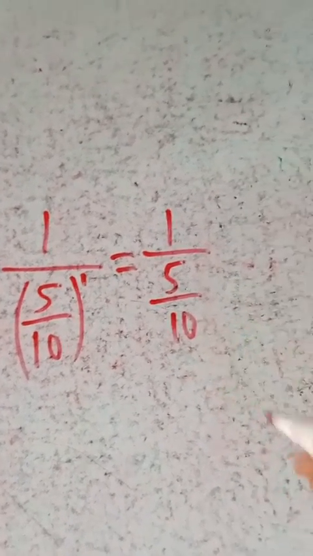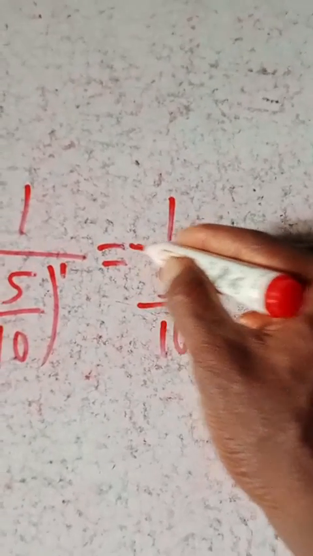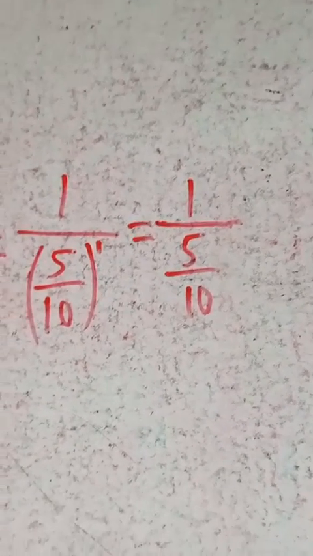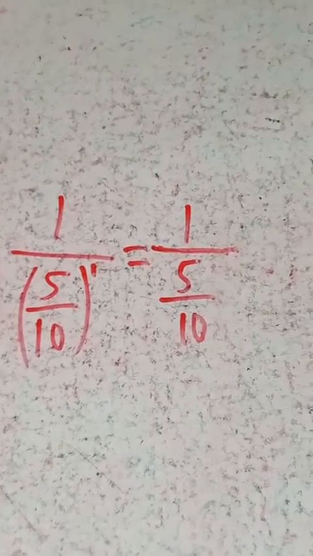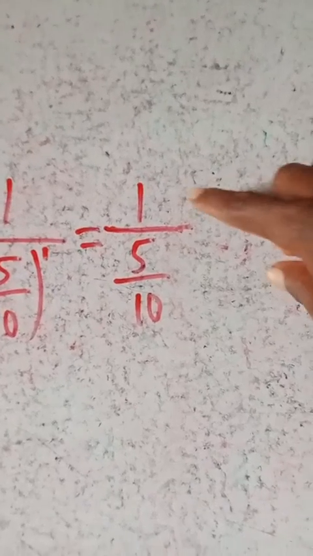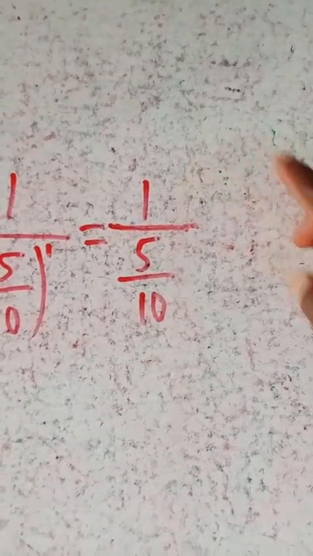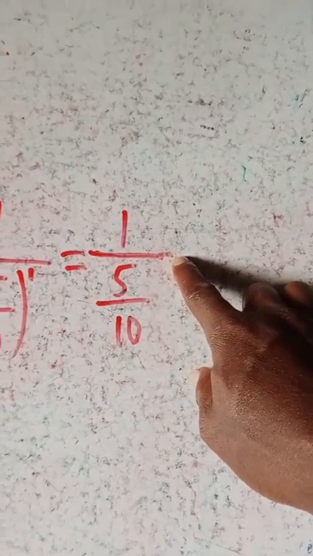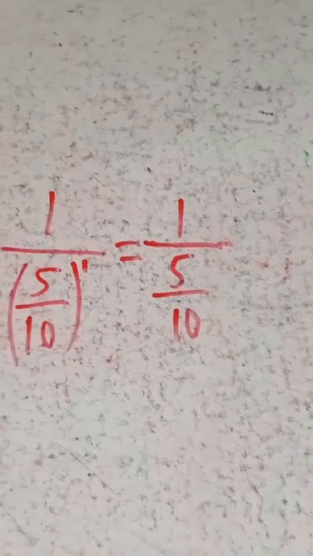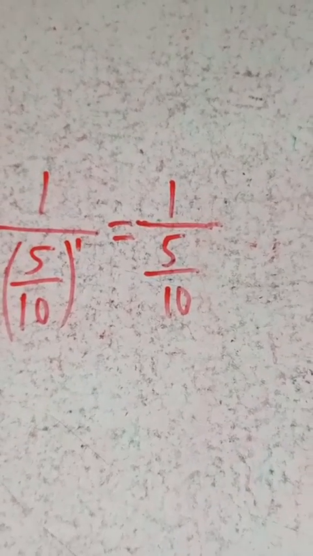So what we have here is division of fractions. How do we divide fractions? You know it already. The law says you write the first fraction, then the division changes to multiplication, and you take the inverse of the next fraction.